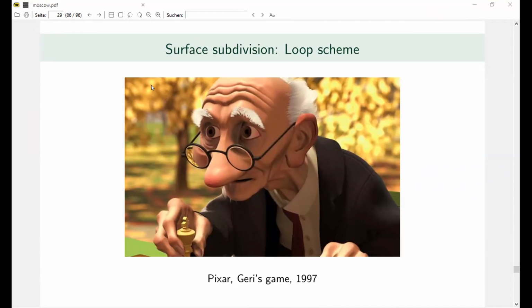Are there any empirical recipes for what is better to use? Better in which way? For example, some subdivision scheme properties, maybe a rate of convergence.